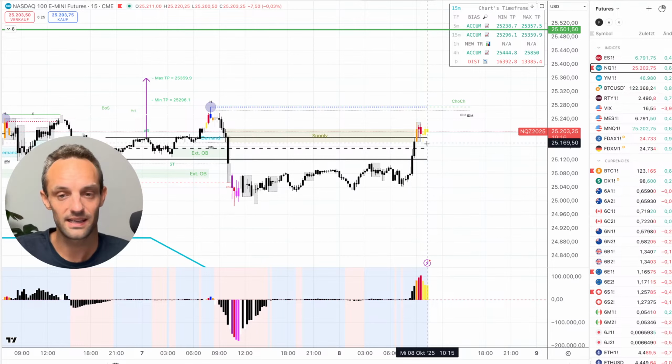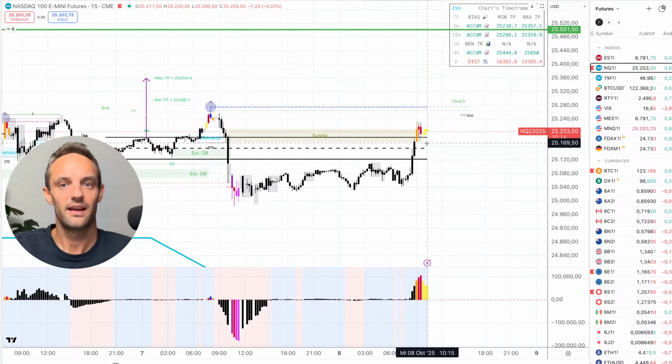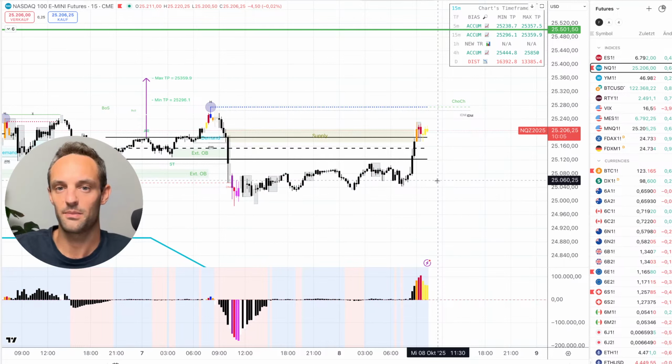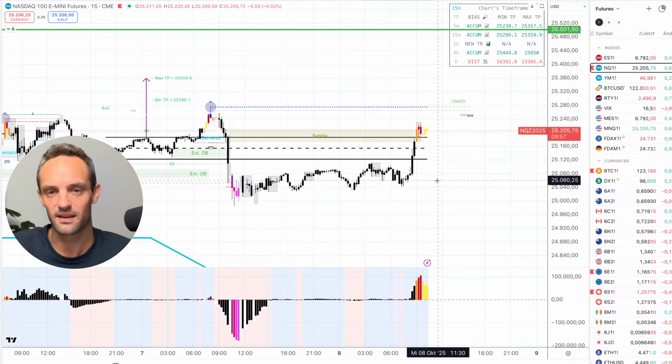As long as the colorful candles are staying, the potential is there to go directly to new all-time highs. But I don't know what happens in 1 hour, in 2 hours, in 15 minutes, or in 20 minutes. Actually, nobody knows.